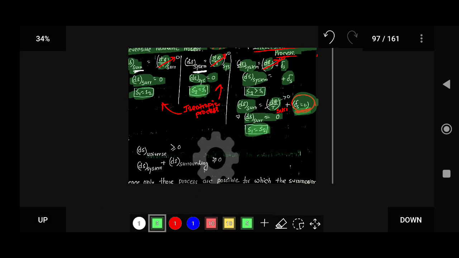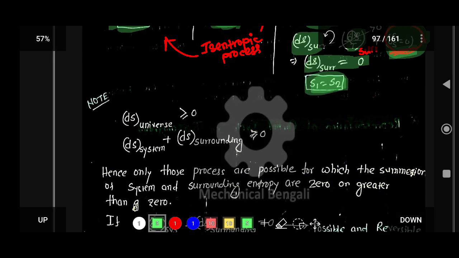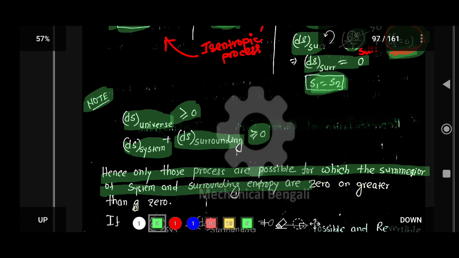Okay, so the note point is that we covered that dS universe is greater than or equal to 0, and we know that dS system plus dS surrounding is greater than or equal to 0. Hence only those processes are possible for which the summation of system and surrounding entropy is 0 or greater than 0.